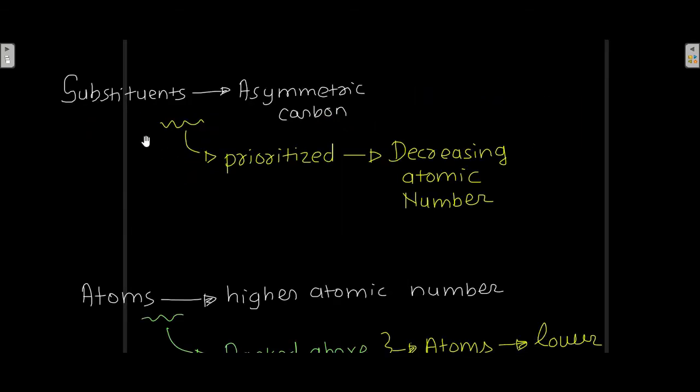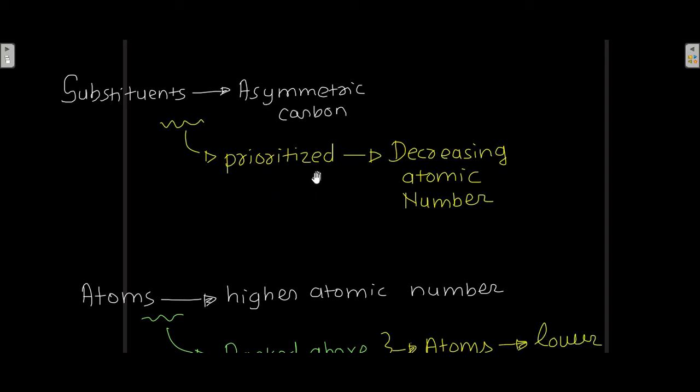Now in this approach, the substituents attached to the asymmetric carbon, that is the chiral carbon with four different substituents, are prioritized by decreasing atomic number.